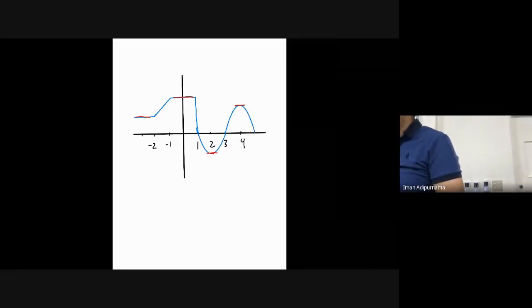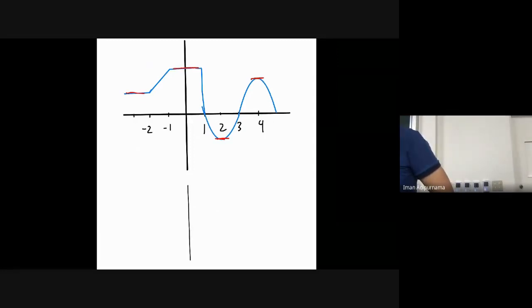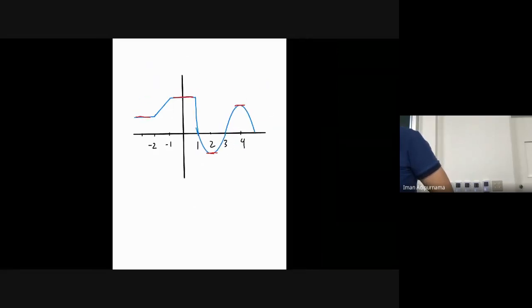Well, let's try this one. I already marked the f prime 0 for you. Now at -2, you have a pointy.